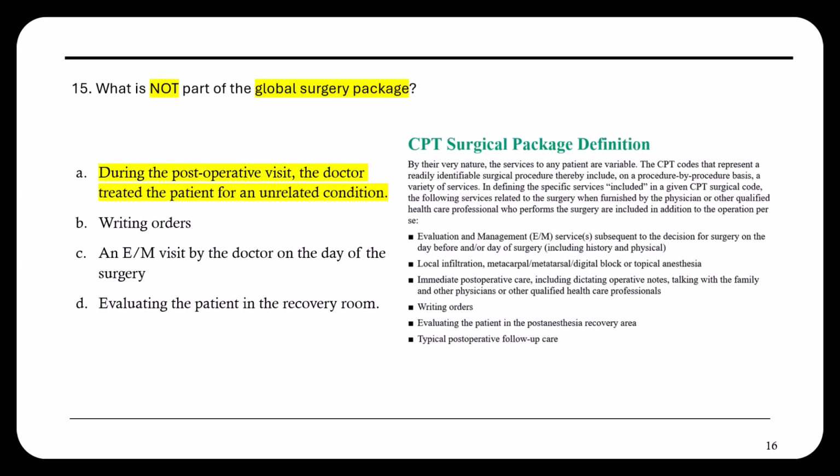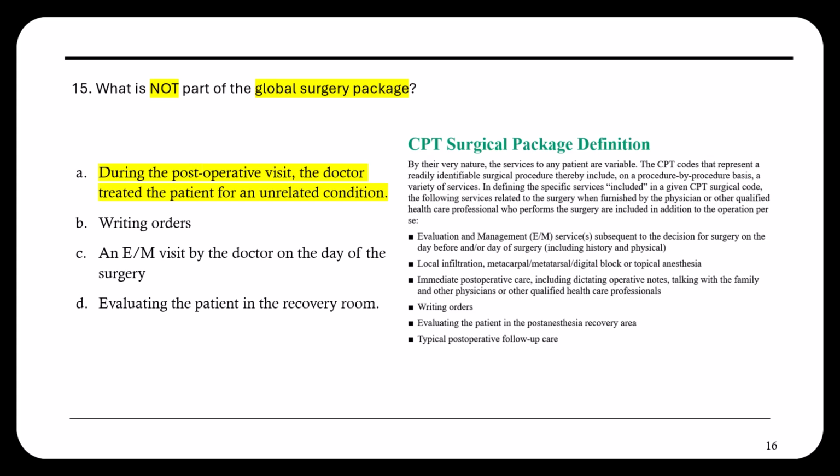Now, I've taken this straight out of the CPT guidelines for the surgery chapter. Now, it's saying that E&M service subsequent to the decision for surgery. So, in that case, that would be C, an E&M visit by the doctor on the day of the surgery. So, that one's okay. Now, second one, local infiltrates, when they have to actually do anesthesia. That's not one of the answers, so I'm not going to worry about it.